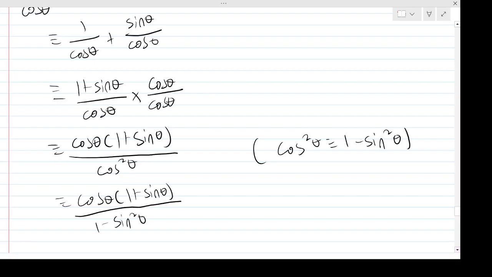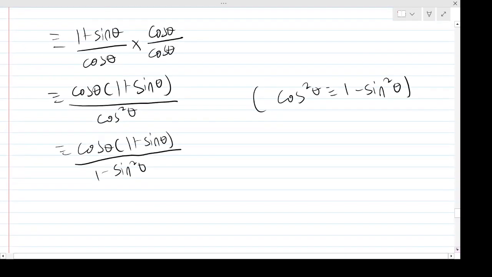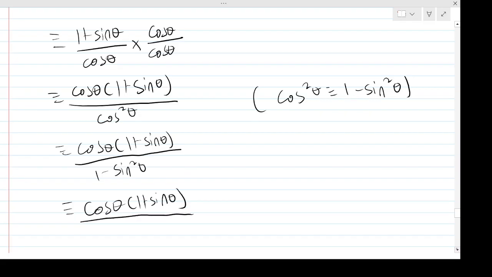Now, remember my tip earlier, I said to try and factorise whenever you can. Well, now I can. This is actually a difference of two squares, right? I can factorise the 1 minus sine squared theta into 1 minus sine theta, 1 plus sine theta, because remember, 1 minus sine squared theta is almost like 1 squared minus sine squared theta.